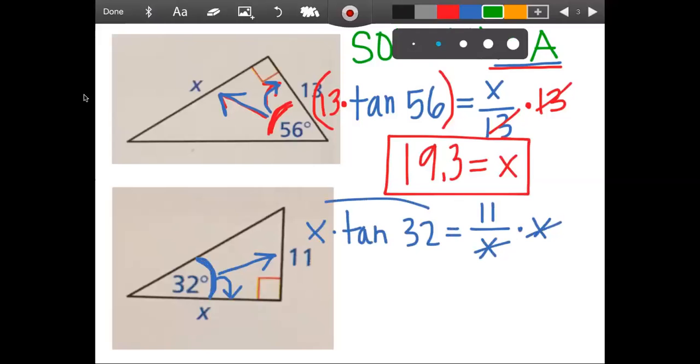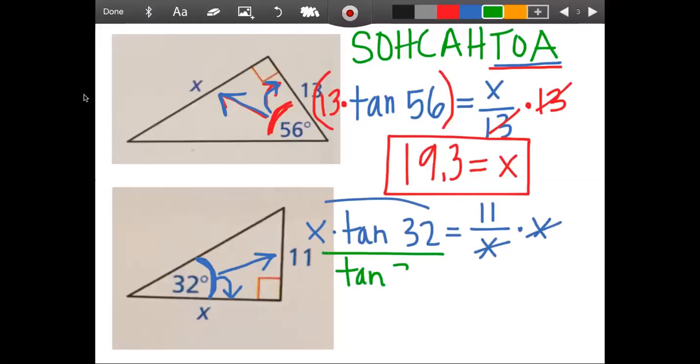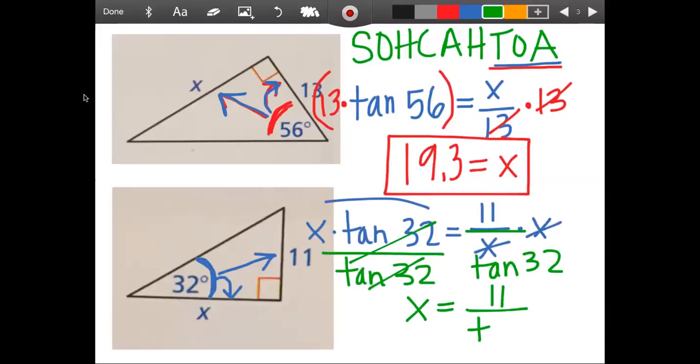So we undo that by dividing by tangent 32. And so we divide this side. Now remember, the x's are gone, so we have 11 divided by tangent 32. Basically, it's x equals 11 over tangent 32.